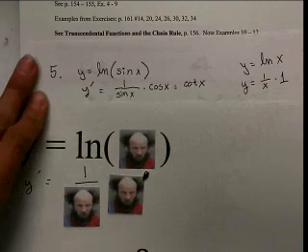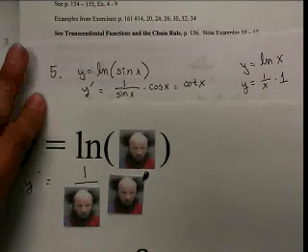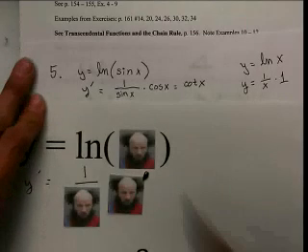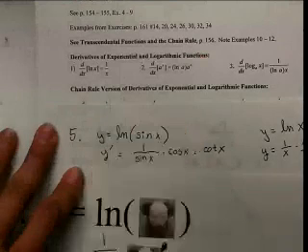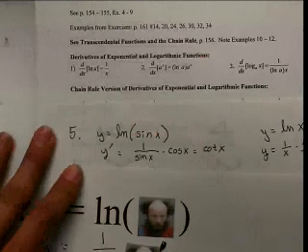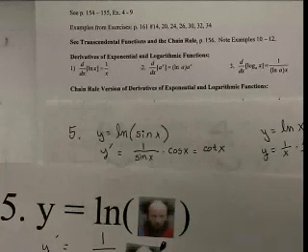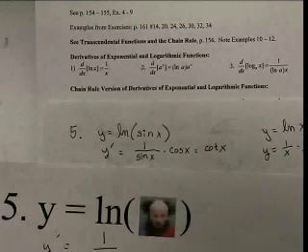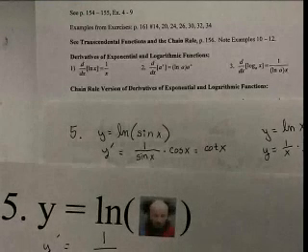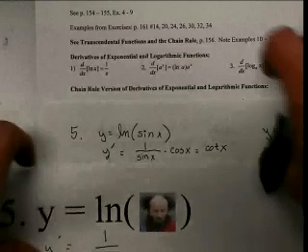That's still just 1 over x. What would be the easier way to do that? Not using the chain rule. Just memorize that the derivative of the natural log of x is 1 over x. Add it to your list of things that you will have memorized after 3.4 for sure. All right, number 6.